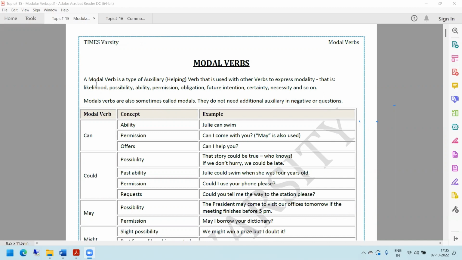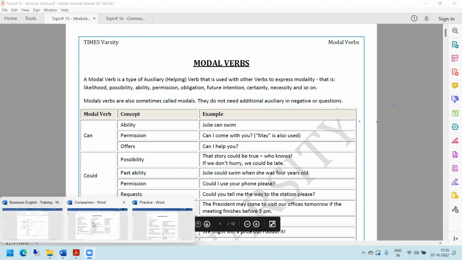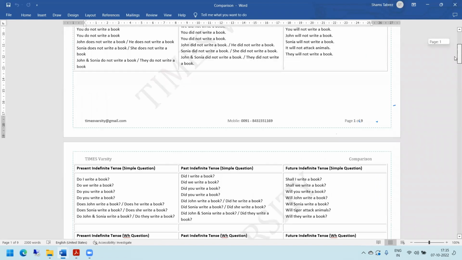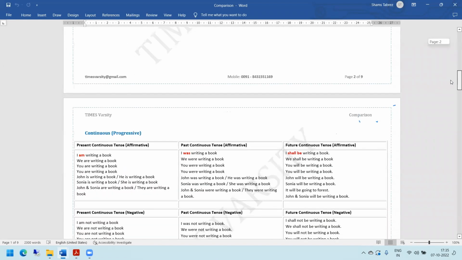So what it says, a modal verb is a type of auxiliary verb, that is helping verb, that is used with other verbs to express modality. If you remember, while making sentences, we used a number of helping verbs like am, was, shall be, right?